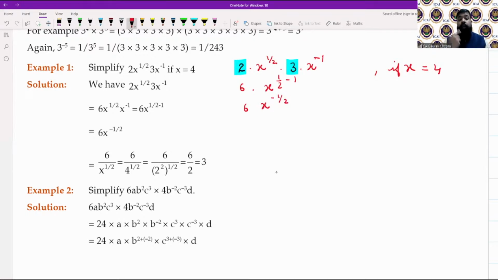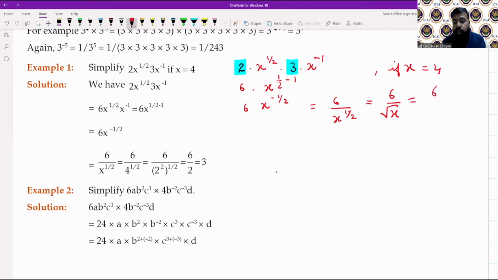Now the power is minus half, so it can be written as 6 upon x to the power of half. And half means what? Whenever power is half, it means square root. So we can write 6 upon root of x.